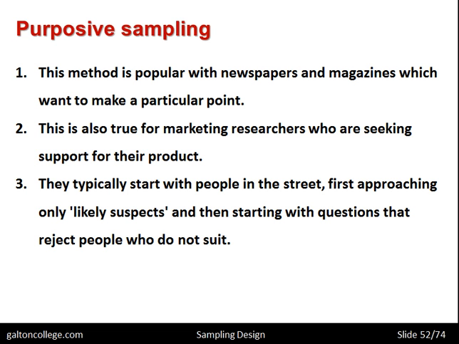If they say yes, then they'll go, do you buy this brand or this brand or this brand? And they say they buy brand X, sorry, that's the end. If you buy brand Y, then it continues. So they are looking for people who have got certain characteristics and certain attributes and certain patterns of behavior. So it filters in this way. It's purposive.